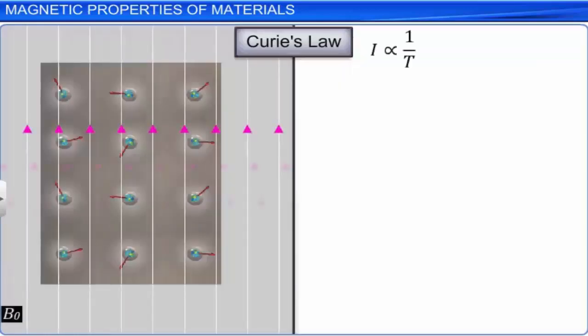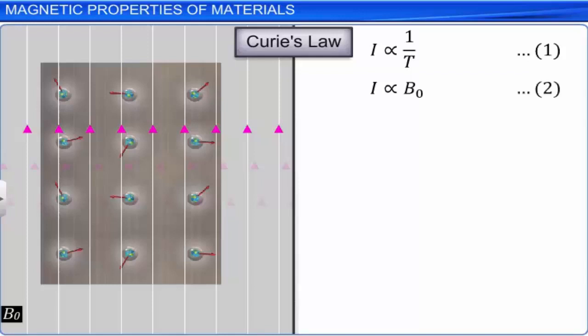Let this be equation 1. The magnetization is directly proportional to the applied magnetic induction. That is, I is directly proportional to B0. Let this be equation 2.